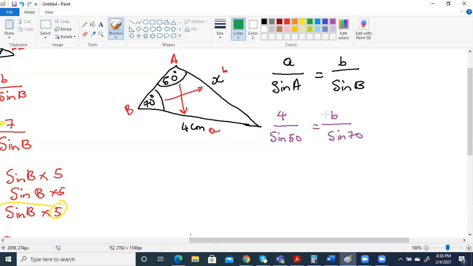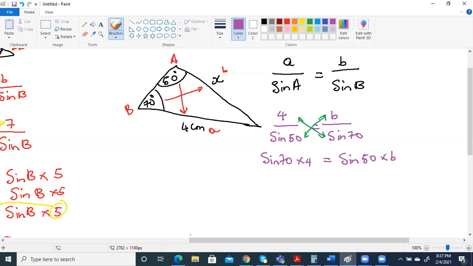So we cross multiply: sine 70, sorry, not 40, sine 70, times 4 is equal to sine 50 times the small b. So plug into your calculators sine 70 for me and tell me what you get.